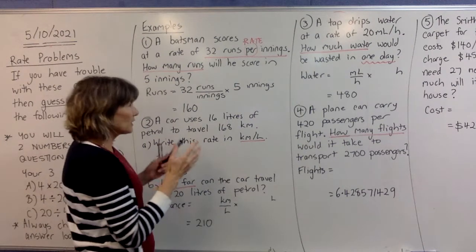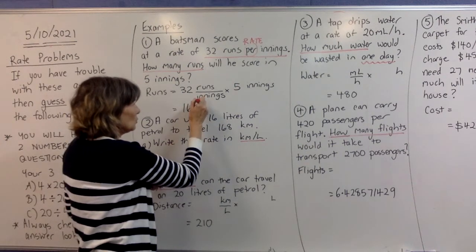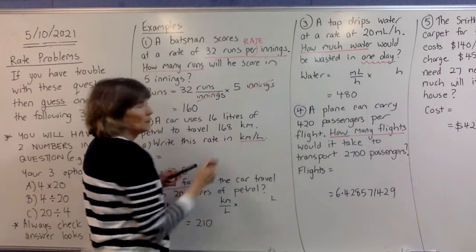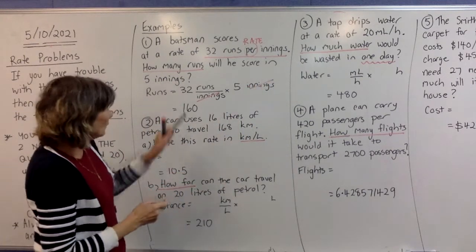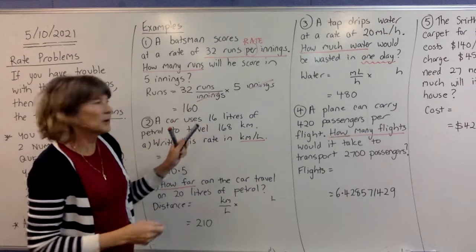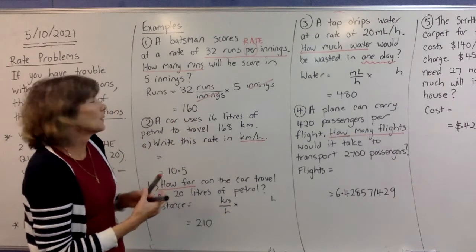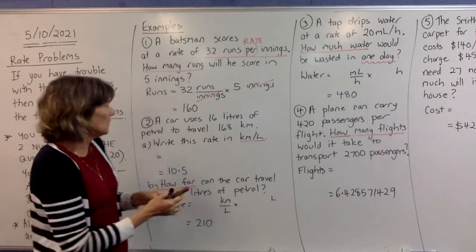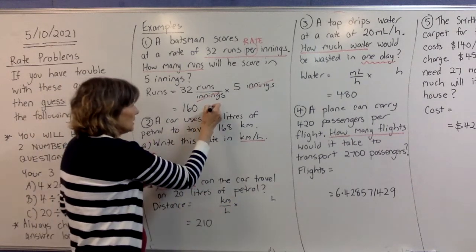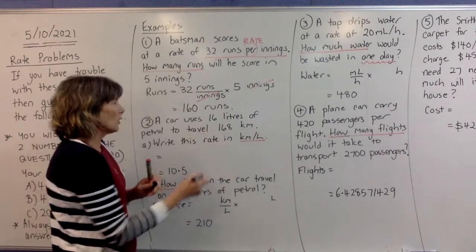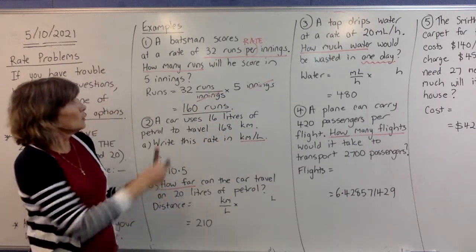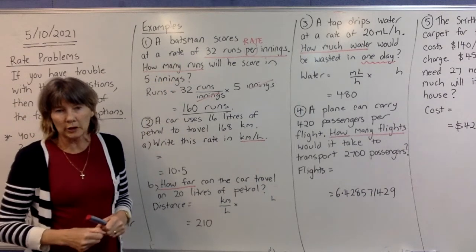Now, what effectively is going to happen is that these 2 words, one from the bottom and one from the top, will cross out. And that will give you an answer with just runs written after it, which is what you want. Okay, so we're going to do 32 times 5 on our calculator. That will give you 160, and then just write runs on the end. There's your answer. Okay, so in this case, we multiplied the 2 numbers in the question.